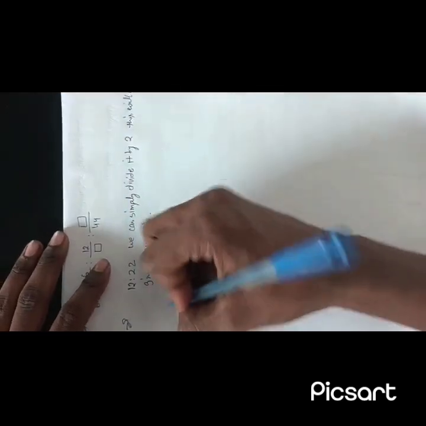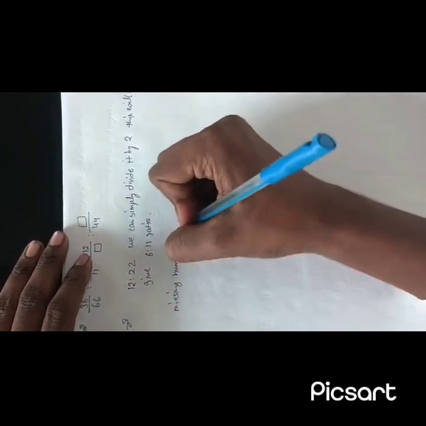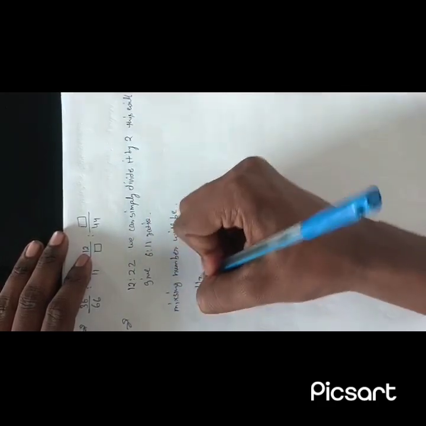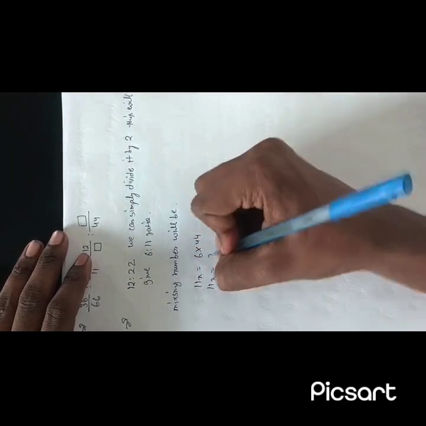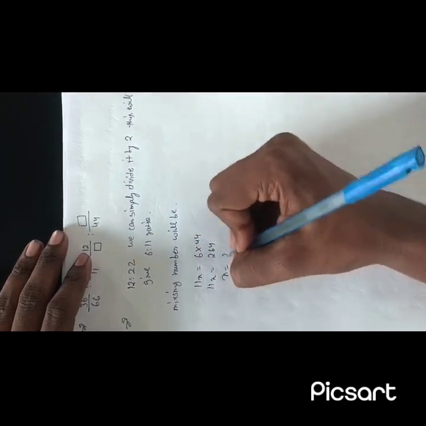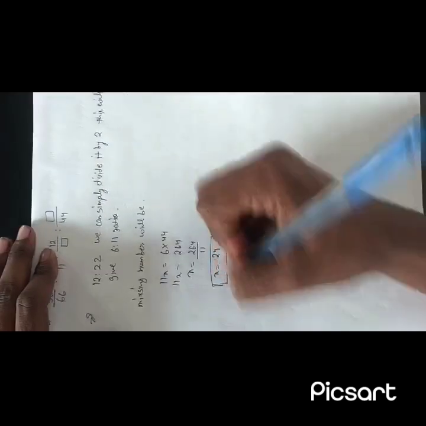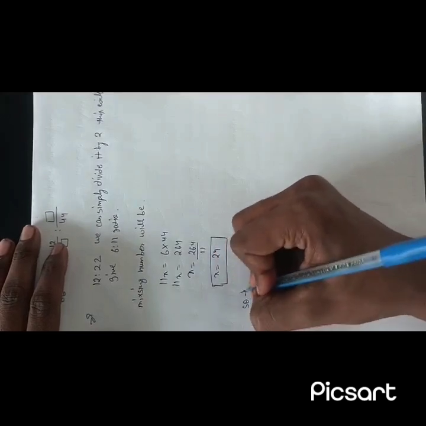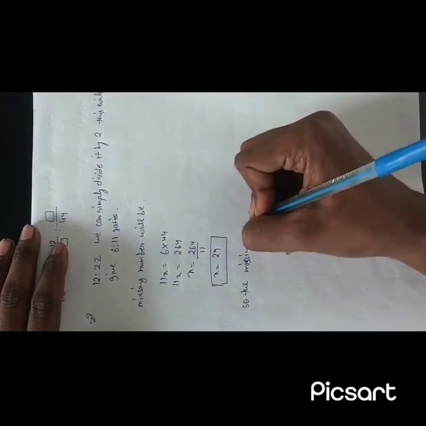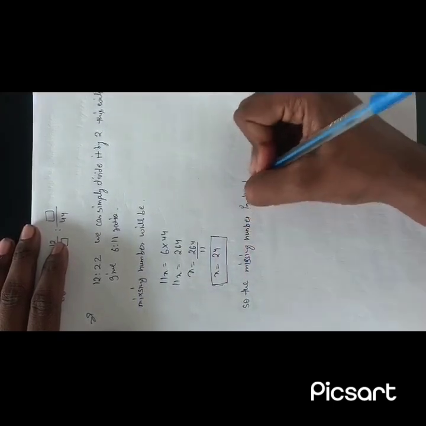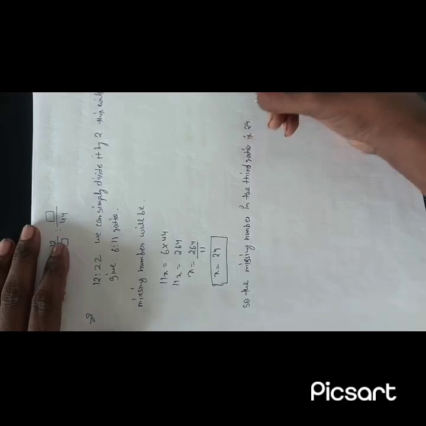So from here, the missing number will be 11x is equal to 6 into 44. From here 11x is equal to 264. Here x is equal to 264 by 11. From here the x value will come as 24. So the missing number in the third ratio is 24.